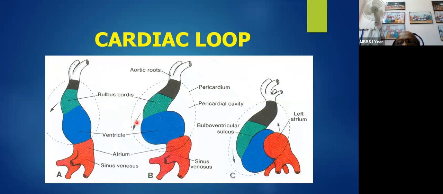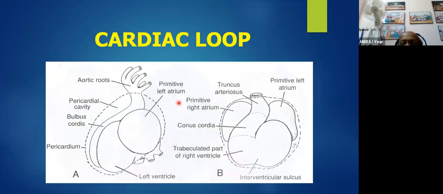That's why both ventricles are on the ventral aspect as well as down. The atrium goes up and dorsal. That's why both atria are on the dorsal aspect. This is called formation of the cardiac loop. Any defect in this leads to dextrocardia. That is the basis of dextrocardia.